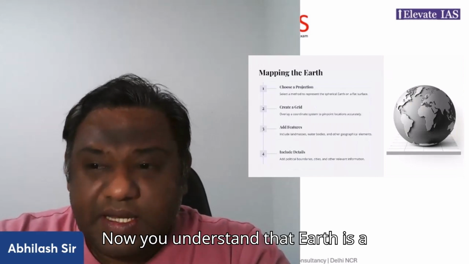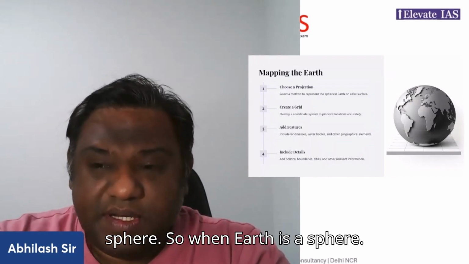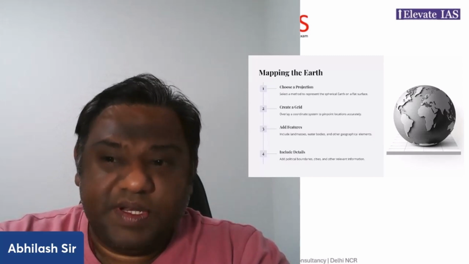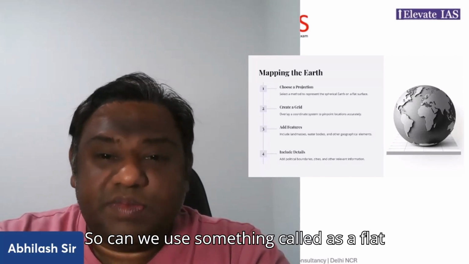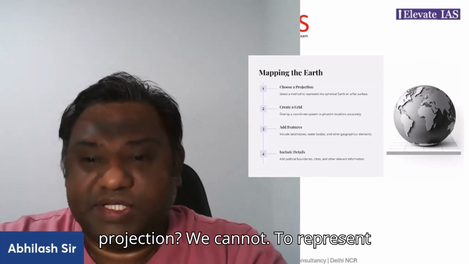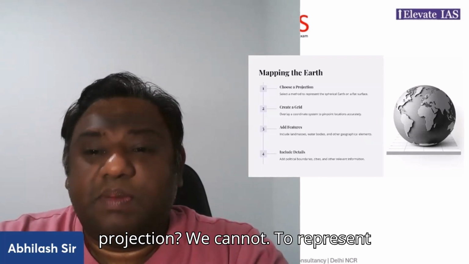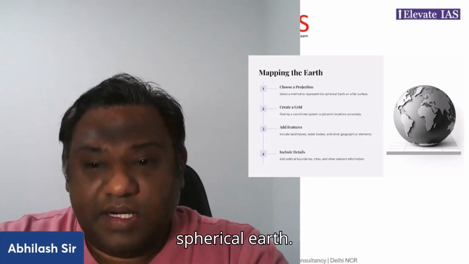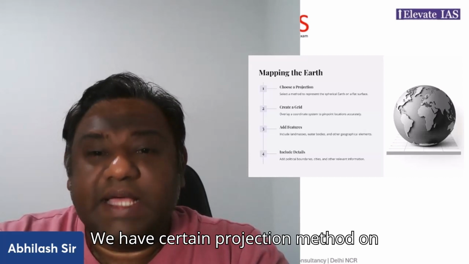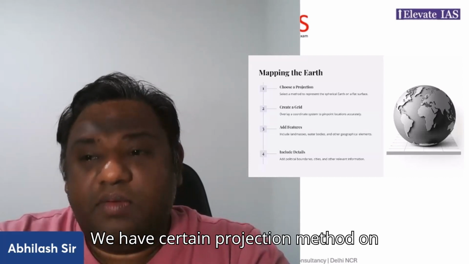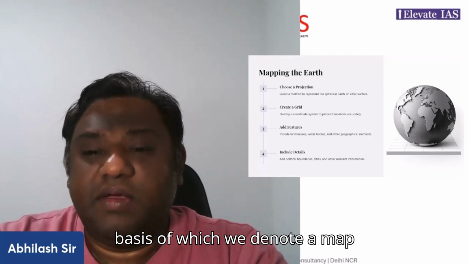Now you understand that Earth is a sphere. So when Earth is a sphere, can we use a flat projection? We cannot. To represent the spherical Earth, we have certain projection methods on the basis of which we denote a map.